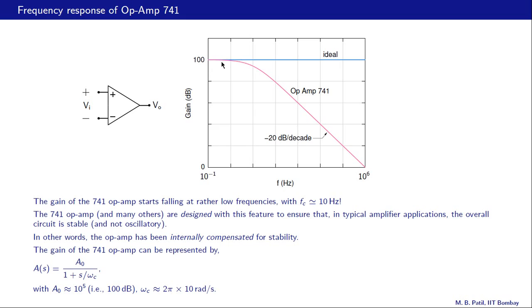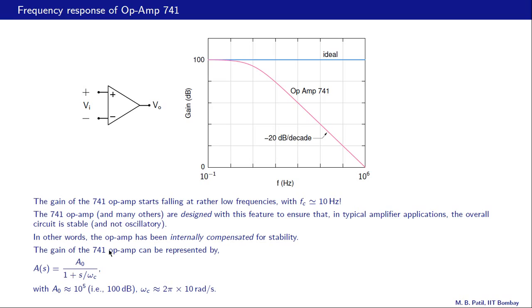We have only one corner frequency somewhere here, two asymptotes, that one and that one. And this asymptote has a slope of minus 20 dB per decade. So what it indicates is that there is only one single pole in this entire system, and therefore A of S is equal to A0 by 1 plus S by omega C.